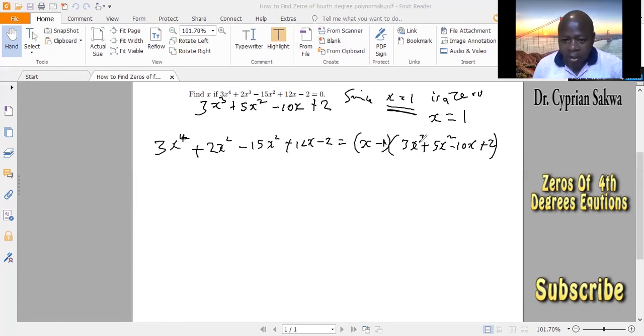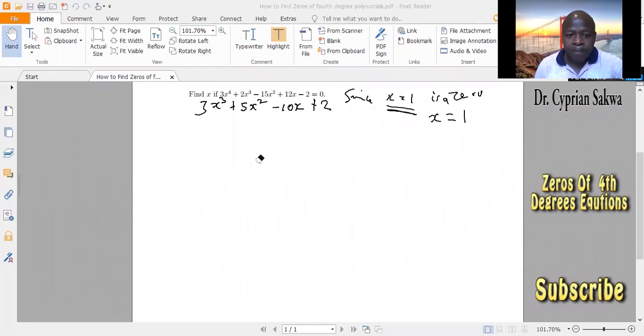So just trying to find out whether this one can also be factorized further. And we've seen that x equals 1 is a solution to this. So what that means is that we can again use division to reduce this equation.